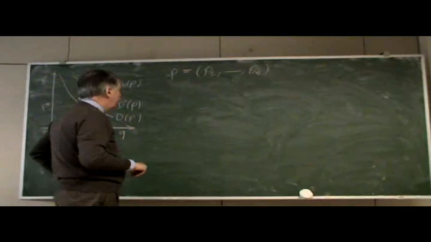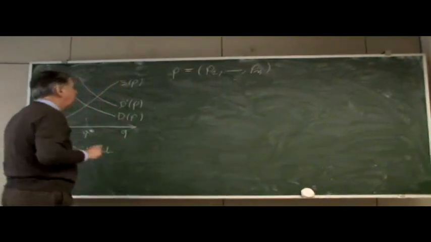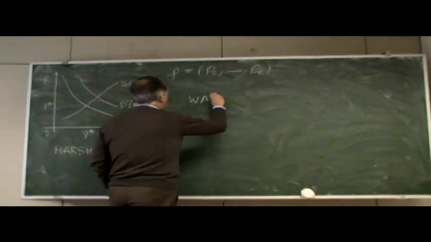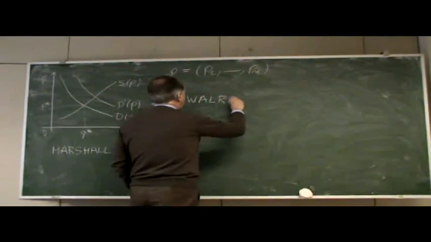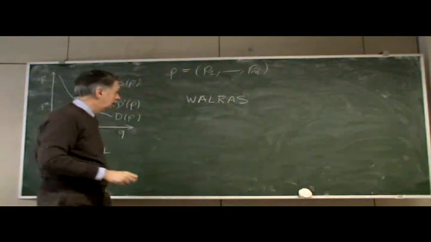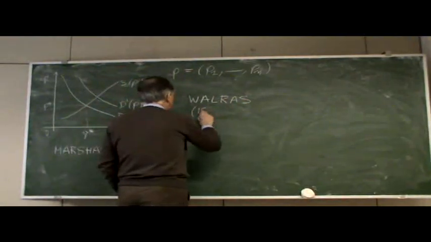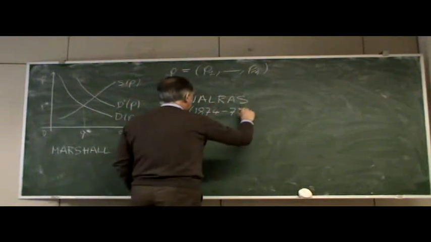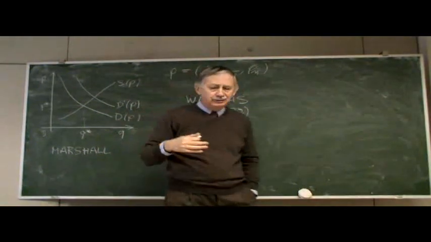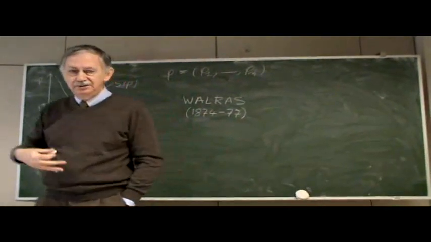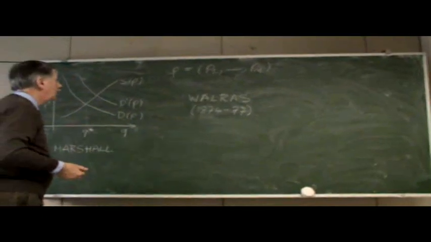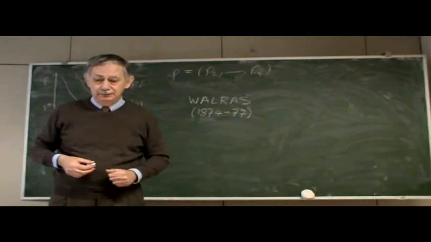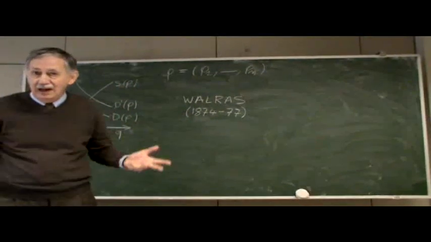Historically, the first author to study general equilibrium theory is the French economist Léon Walras. He wrote in 1874-77 his fundamental work, Éléments d'économie politique pure, in which he studied exactly this problem, substantially for the first time.